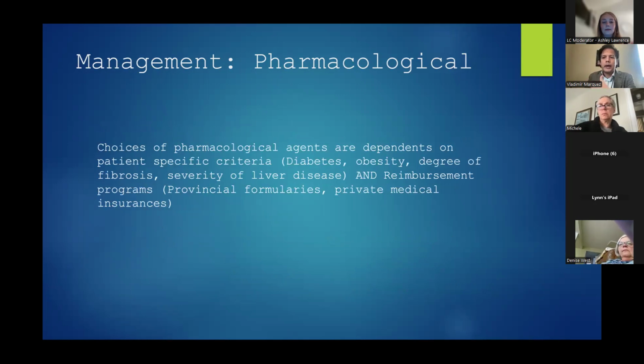So my recommendation is that these choices of pharmacological agents are really dependent on many factors that are specific criteria of the patient, and also the reimbursement programs and availability in different areas of the country.